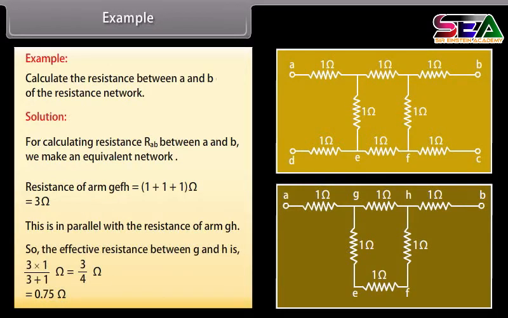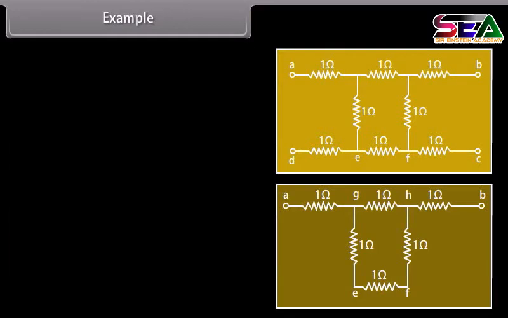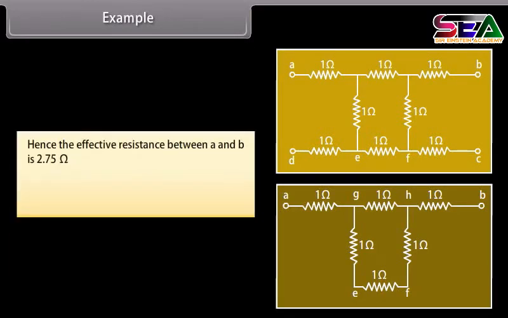So, the effective resistance between G and H is equal to 0.75 ohm. Hence, the effective resistance between A and B is 2.75 ohm. Now, RAB is equal to 1 + 0.75 + 1 = 2.75 ohm.